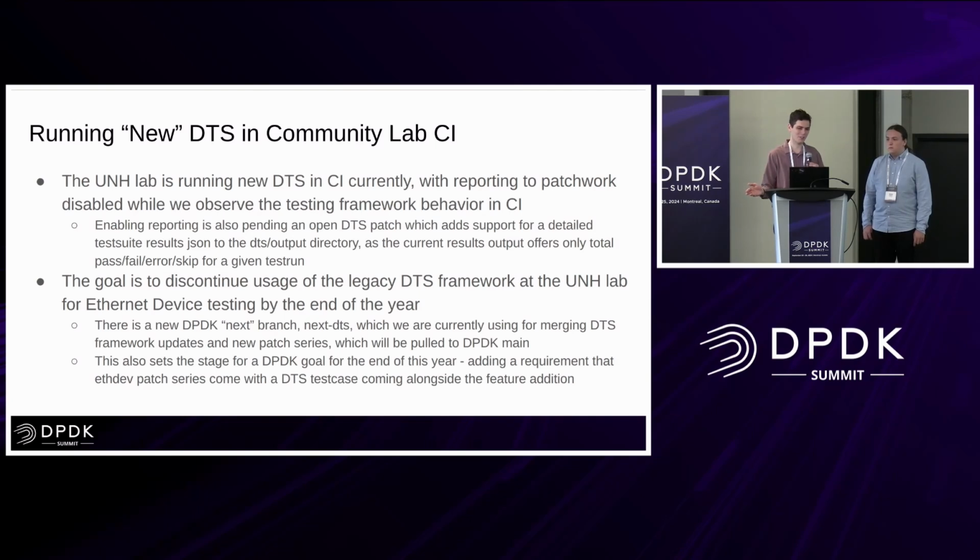So there's a couple things that are going to help us with doing that. There's a new DPDK next branch, next DTS, which we're currently using for merging DTS framework updates and new patch series, which will be, again, pulled to DPDK main.